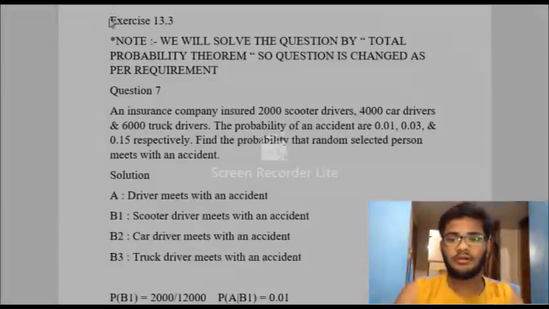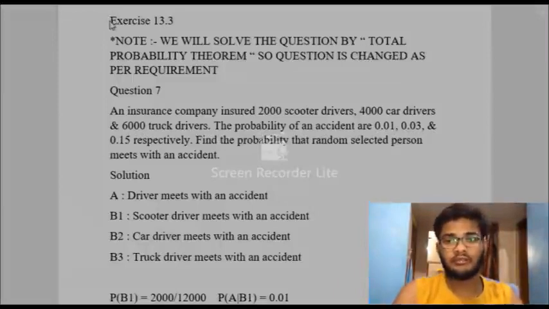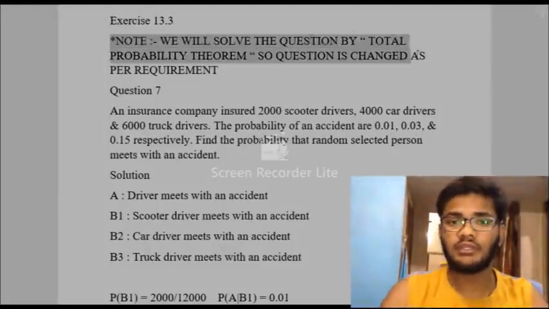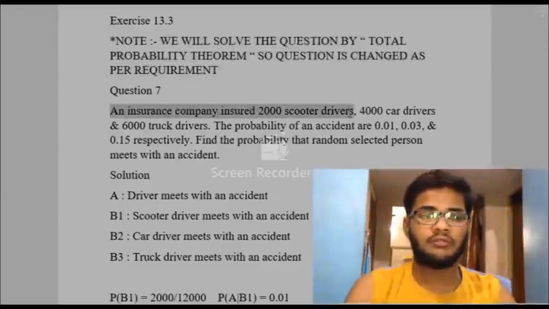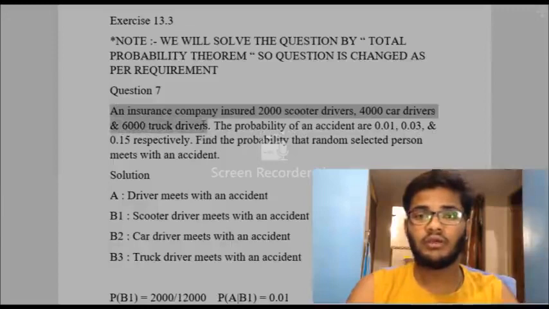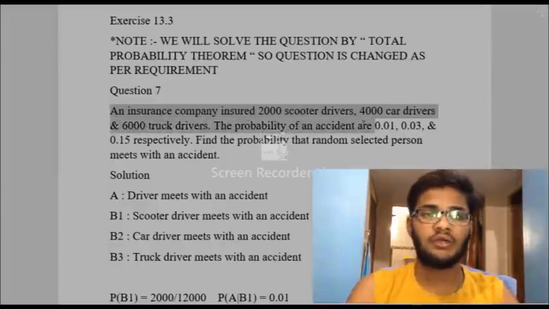To understand the total probability theorem better, let us take a question from exercise 13.3, question number 7. This question is changed as per the requirement to solve according to the total probability theorem. An insurance company insured 2000 scooter drivers, 4000 car drivers and 6000 truck drivers.